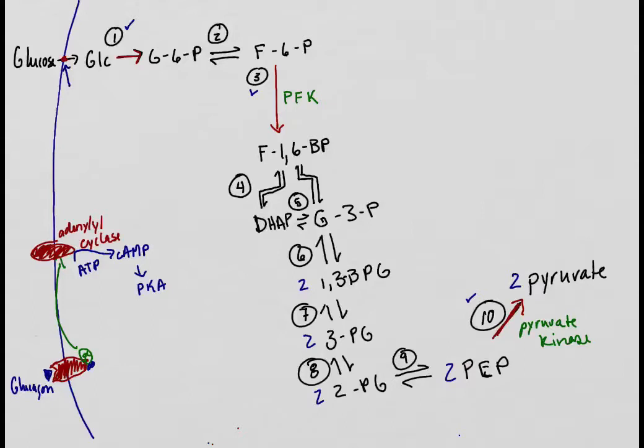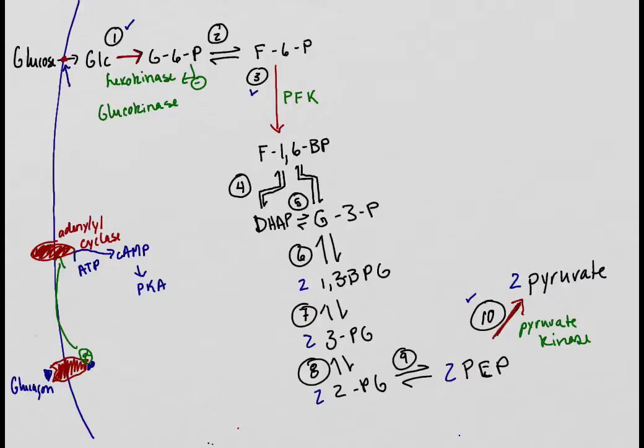Most isozymes of hexokinase are feedback inhibited by glucose 6-phosphate. That makes a lot of sense. It's just the feedback inhibition of that product. However, glucokinase is not feedback inhibited by glucose 6-phosphate because that allows for the synthesis of glycogen during times of plenty.